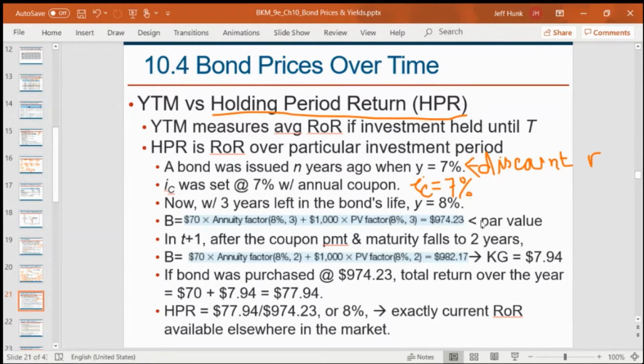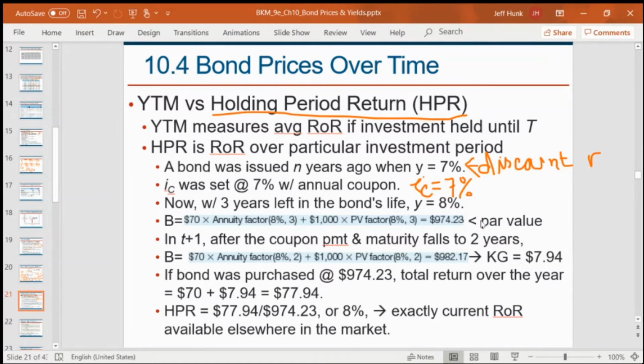If you have been following this lecture very closely, you would easily tell the bond was neither a premium bond nor a discount bond. Why? Because the coupon rate was the same as the discount rate.